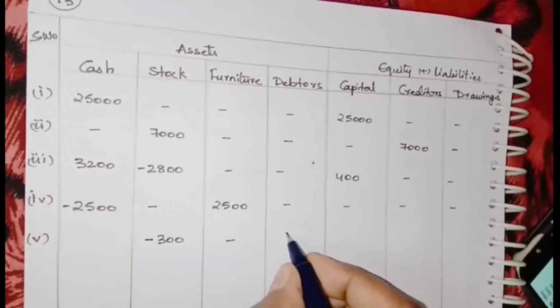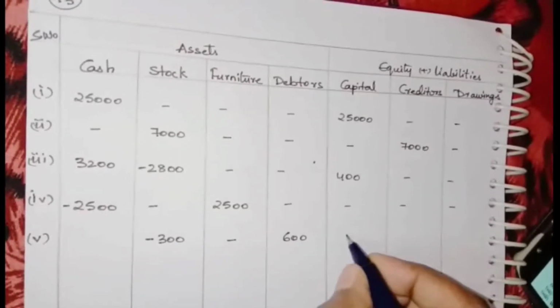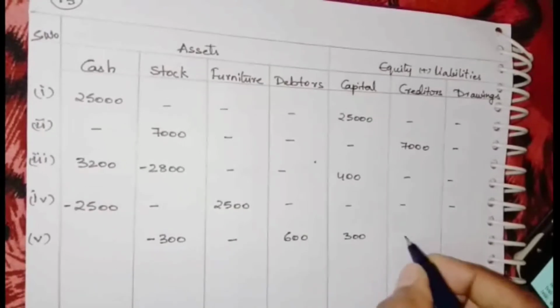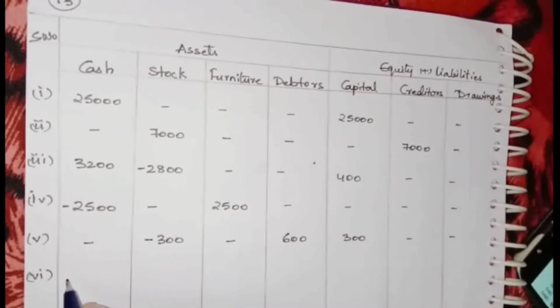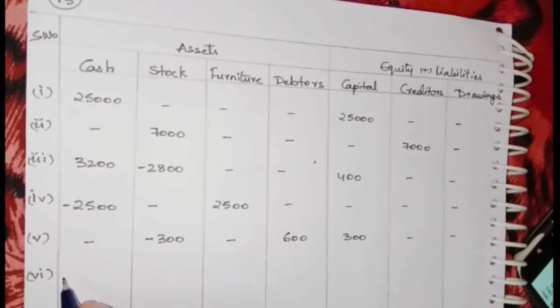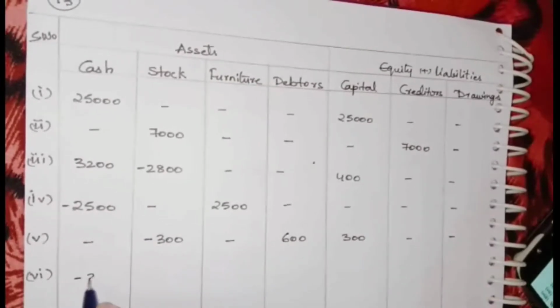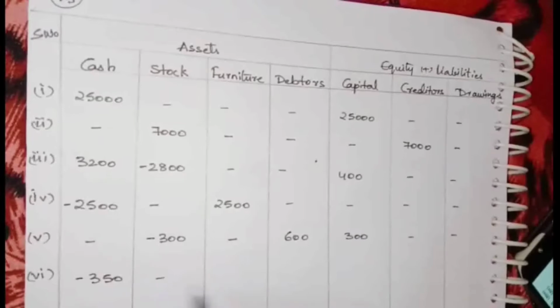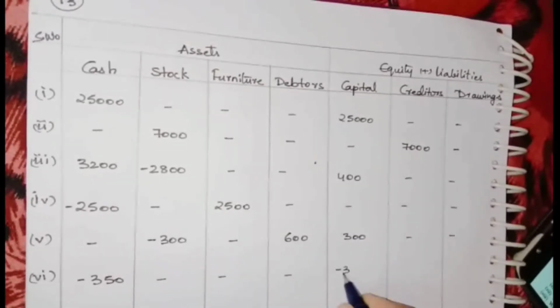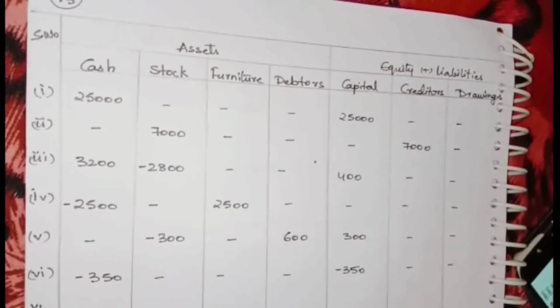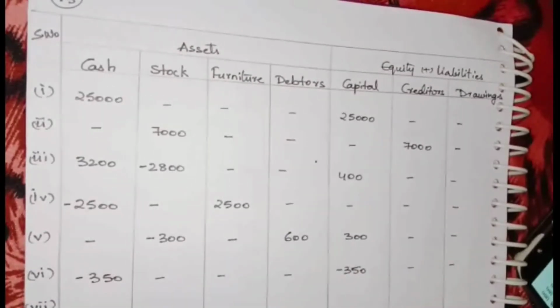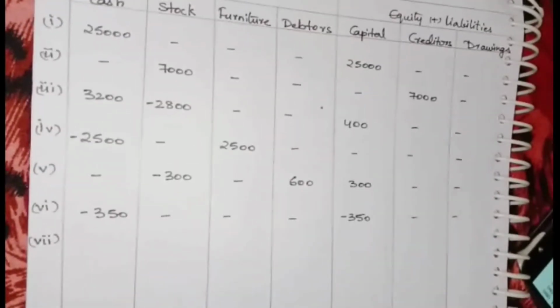The stock going out is 300, and the profit of 300 gets added to the capital account. Sixth, paid salaries, which is a cash expense of 350. Deduct the expense from the capital account and deduct the cash.